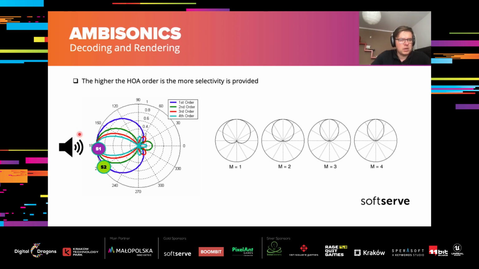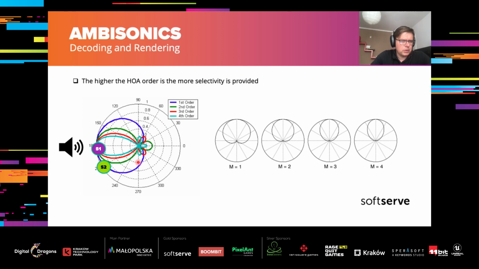Let's assume that we have captured our sound field that consists of sound generated by two sound sources, S1 and S2, and we have captured it in first, second, third and fourth order ambisonics. And now we'd like to render our sound field into the speaker array, and one of the speakers is positioned at the angle of 180 degrees.